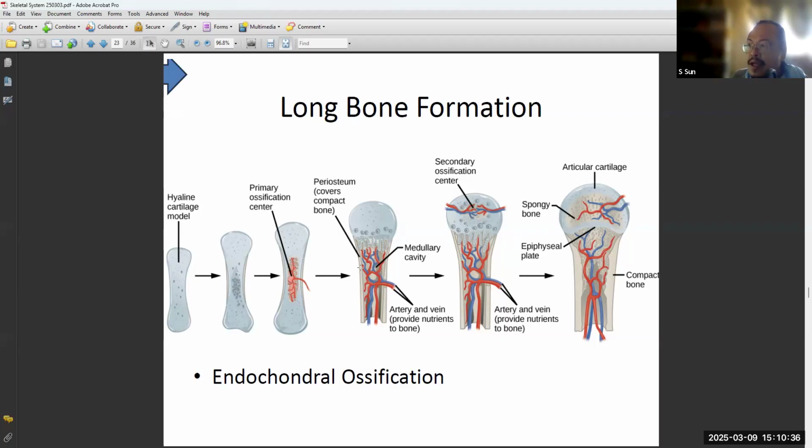Later we will have other ossification centers, called the secondary ossification centers, that enter into the two ends of this long bone. You can see that blood vessels come in. When blood vessels come in, they bring in osteoblasts, and osteoblasts will secrete minerals to harden it.